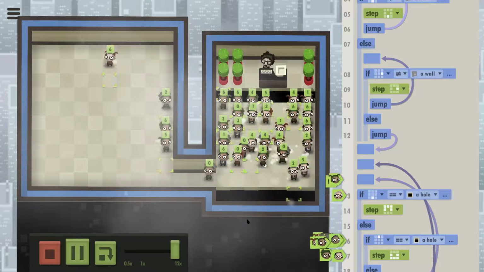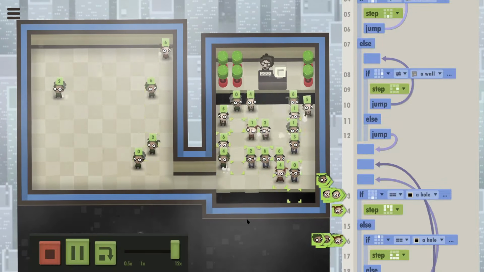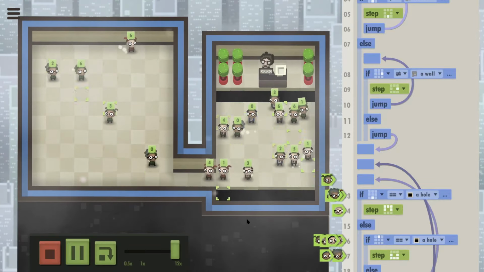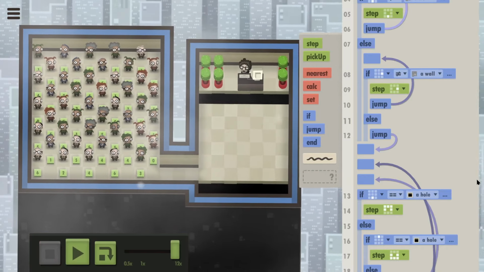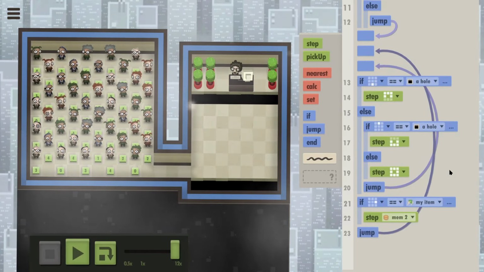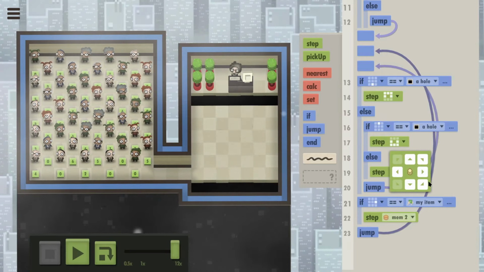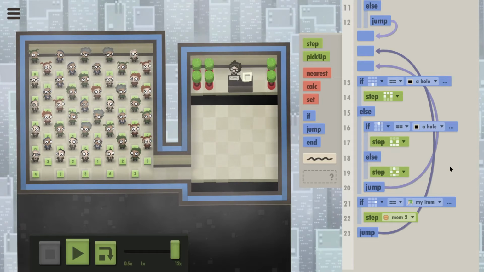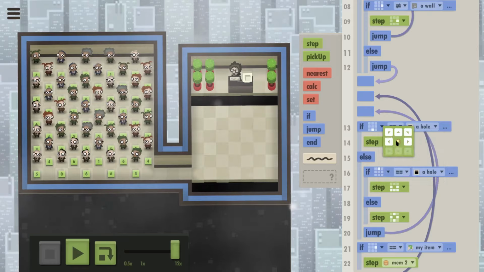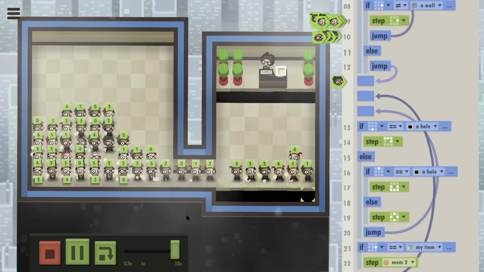The problem is that those guys that aren't in the room now will never come back into the room. I think that the fix for that would be... you can't step diagonally. And if there's a hole below you, you can't step left. Now that should keep them out of that doorway, I think.